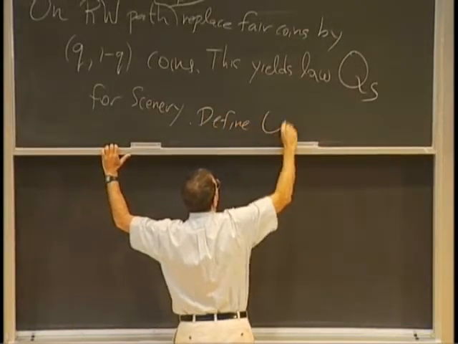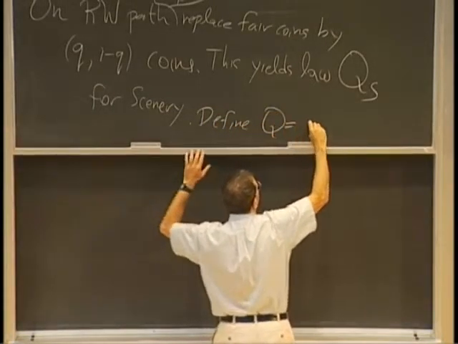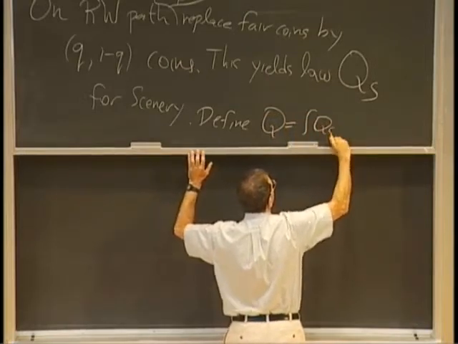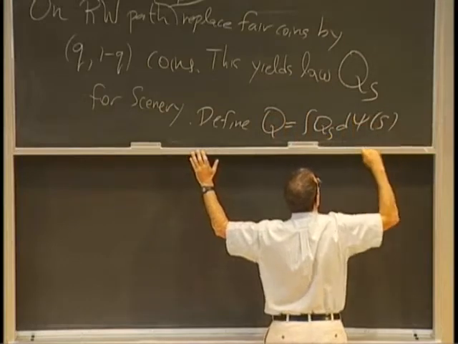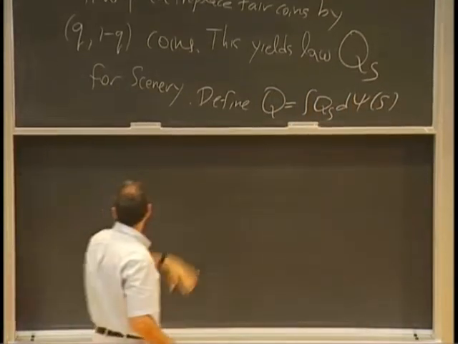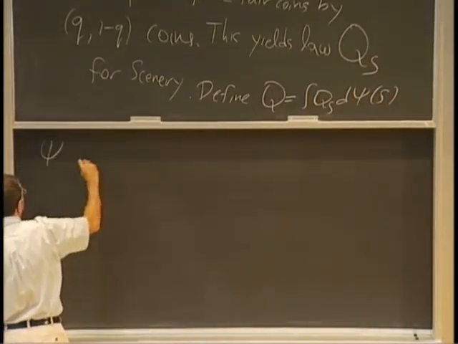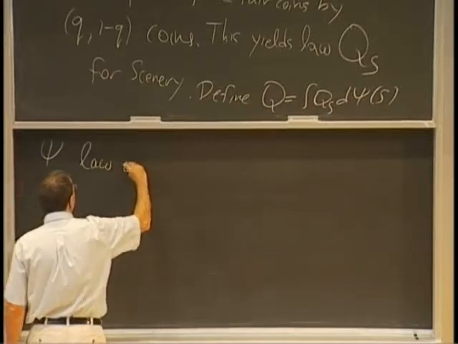And the average scenery we call Q. So Q is the integral of Q_S d psi of S, where psi is the law of the random walk.